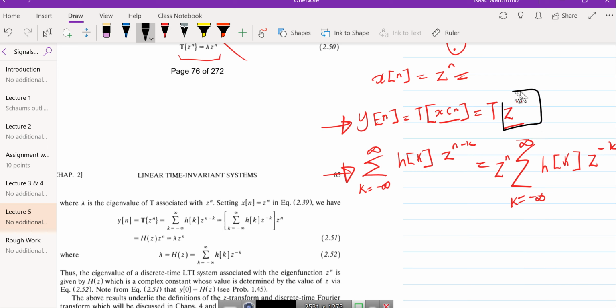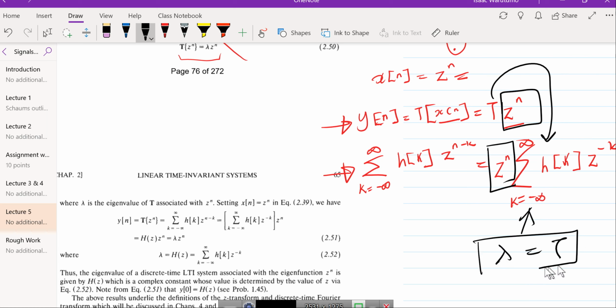this term is the one that we have removed and placed outside the bracket, and therefore T is our convolution sum, and we can say that this summation is equivalent to our lambda, which was described by T, and that becomes our eigenvalue of the impulse response of our LTI system.